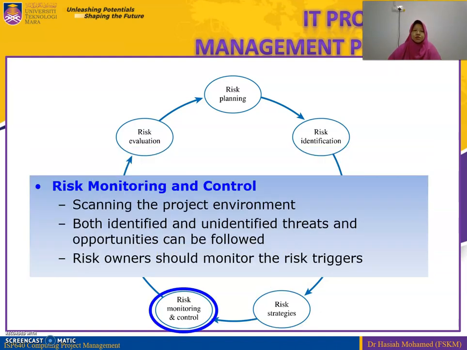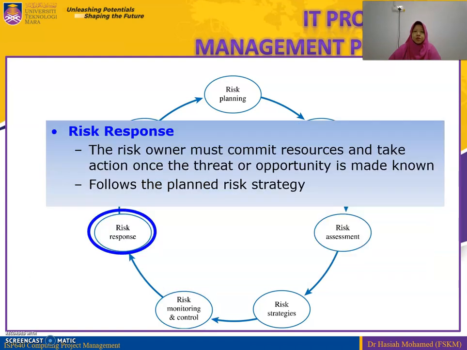Next, risk monitoring and control. We scan the project environment so that both identified and unidentified threats and opportunities can be followed. Risk owners should monitor the risk triggers. For risk response, the risk owner must commit resources and take action once the threat or opportunity is made known, following the planned risk strategy.